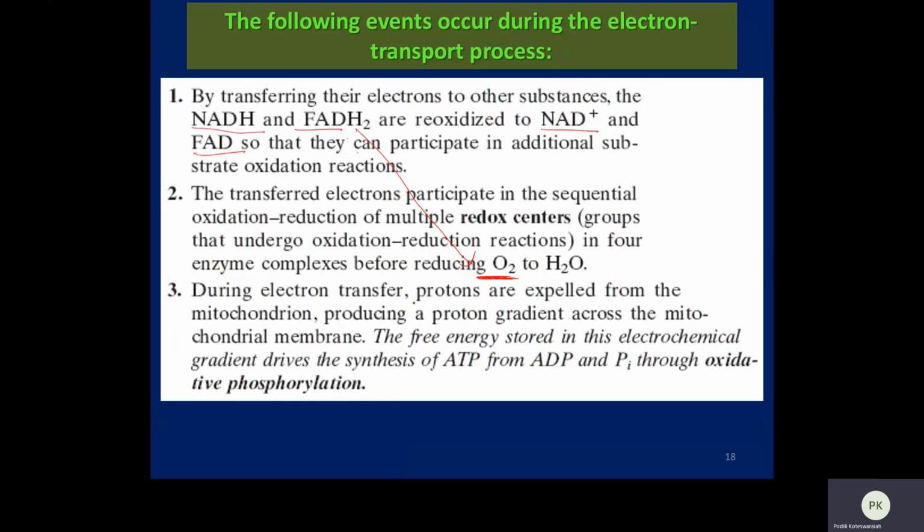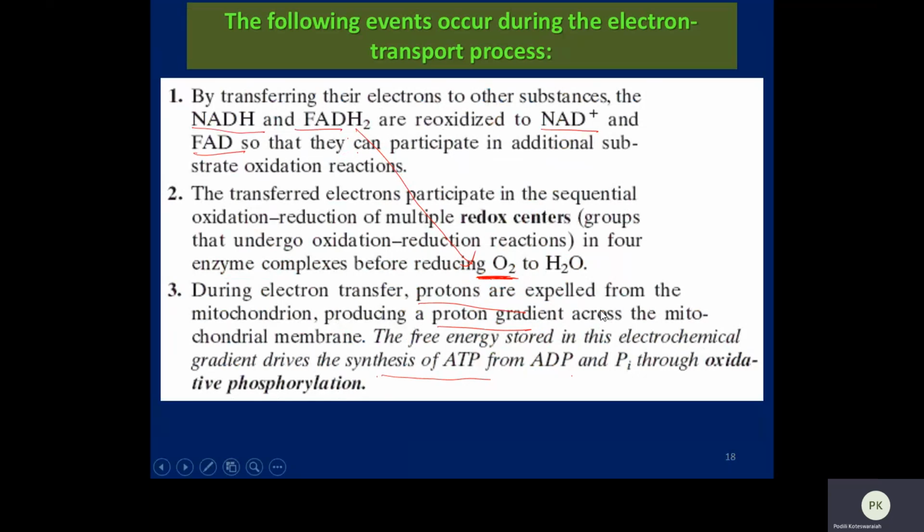During this process, the protons are transported across the membrane into the intermembrane space. As a result, the proton gradient is generated, and this proton gradient is utilized to drive the synthesis of ATP from ADP and Pi by oxidative phosphorylation.